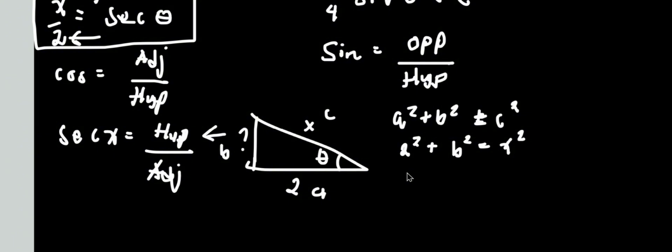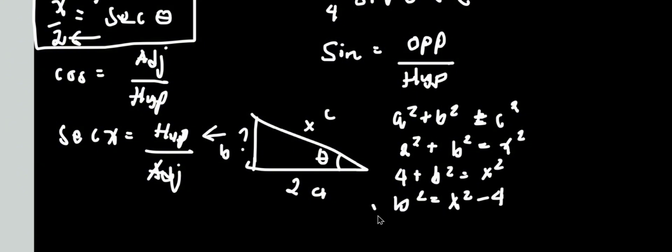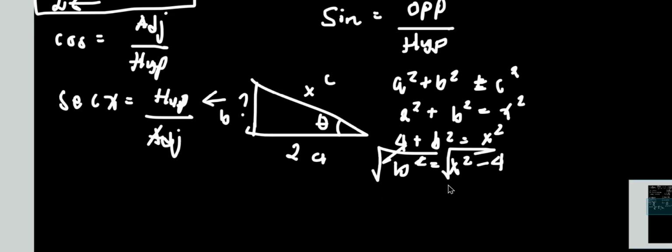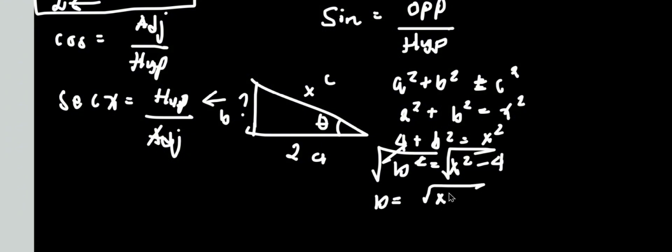So simplifying this would be 4 plus b squared equal to x squared. And transpose natin tong 4 here. So b squared equals x squared minus 4. And then square root both sides para ma-cancel yung 2. And this would be b is equal to the square root of x squared minus 4. And this would be our opposite.